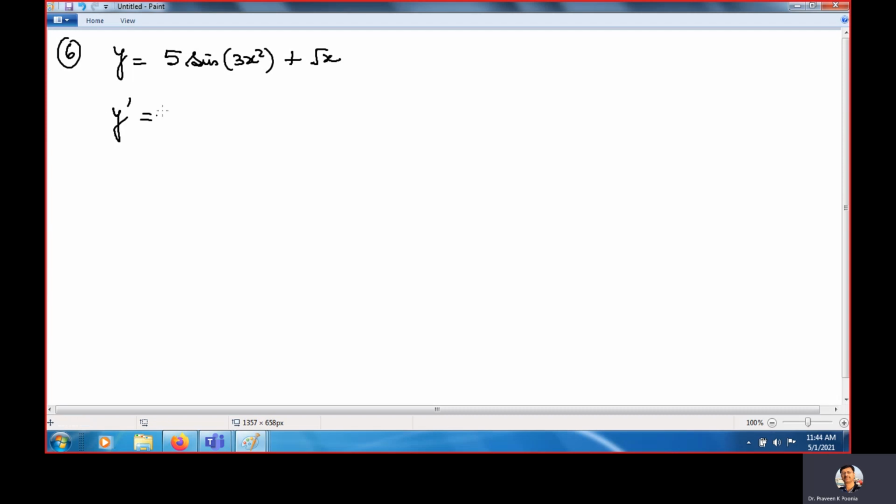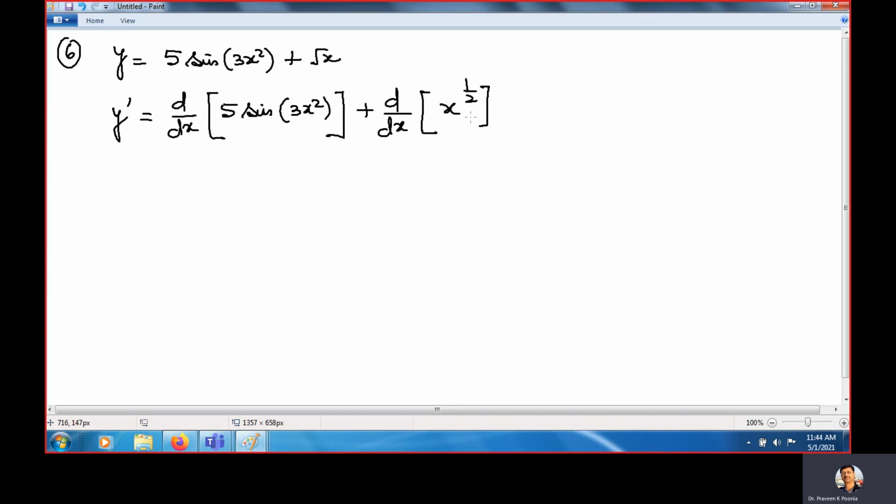So y dash is equal to d by dx of 5 sine 3x power 2, plus d by dx of root x, which may be written as x power 1 upon 2. Square root x means x power 1 upon 2. Now 5 is a constant, so 5 is out.